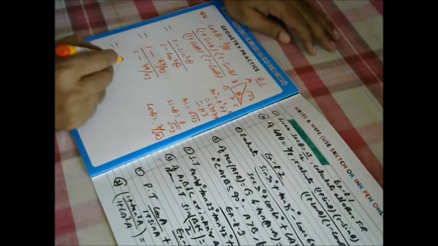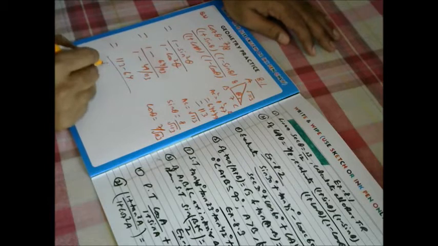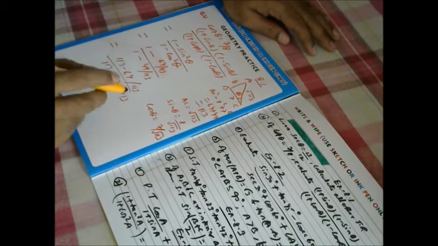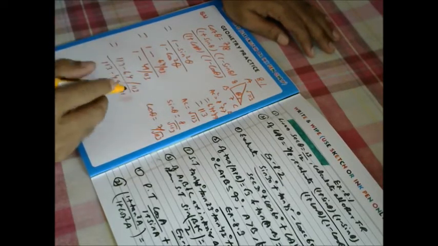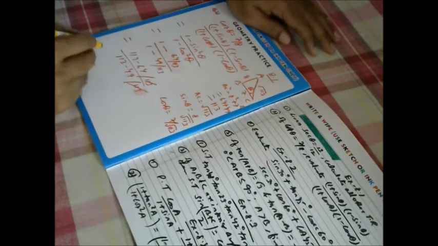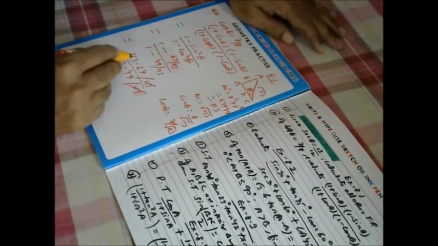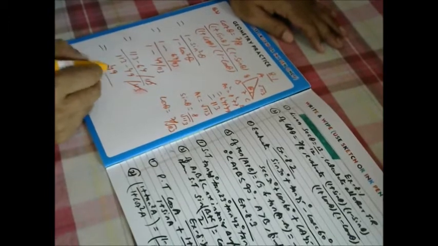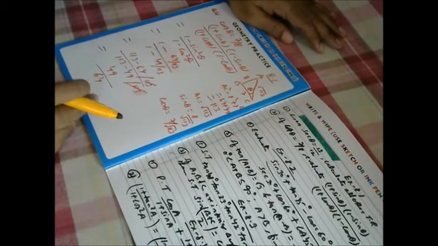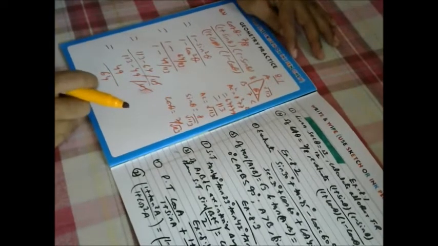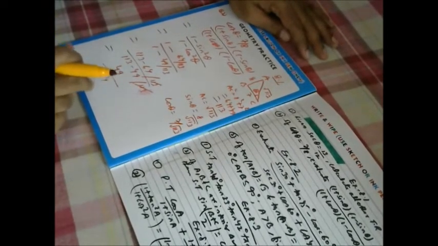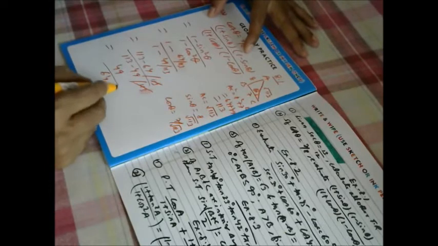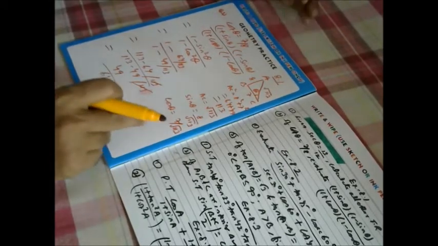So it becomes 113 minus 64 divided by 113 minus 49, with 113 in both denominators, which cancel. 113 minus 64 gives 49 and 113 minus 49 gives 64. So we have got 49 by 64 as the answer.